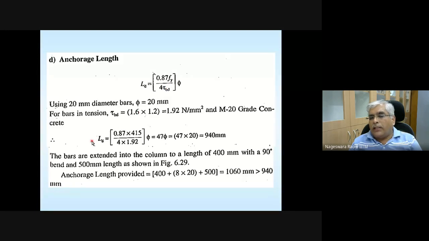You calculate the development length, or anchorage length, that is required. You can see here, the anchorage length required is 940 mm. Okay, please keep a note of it. 940 mm.